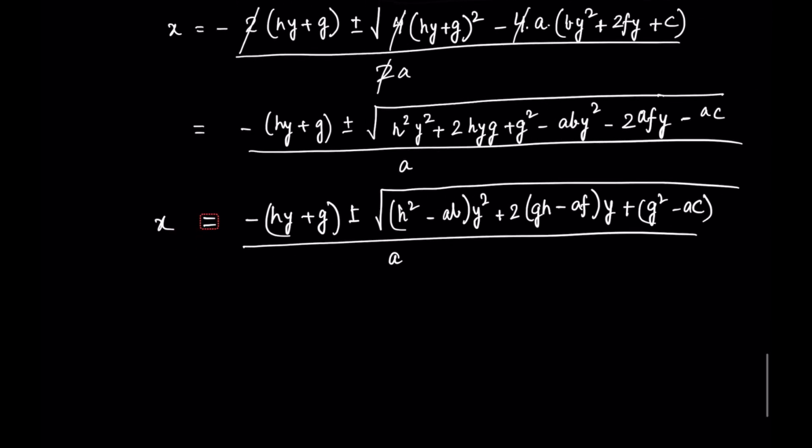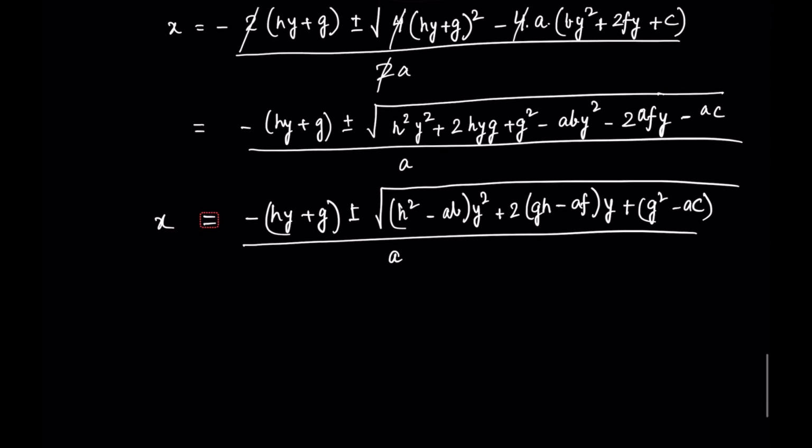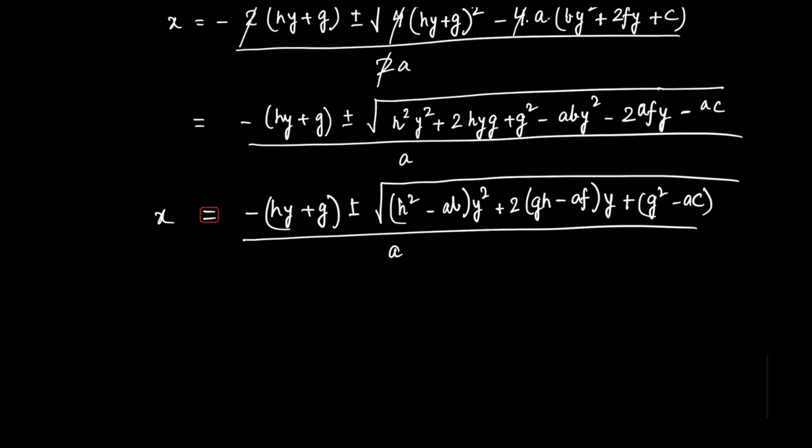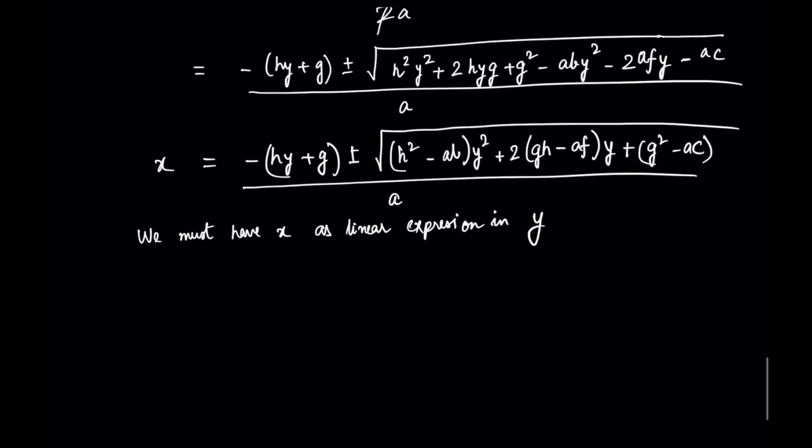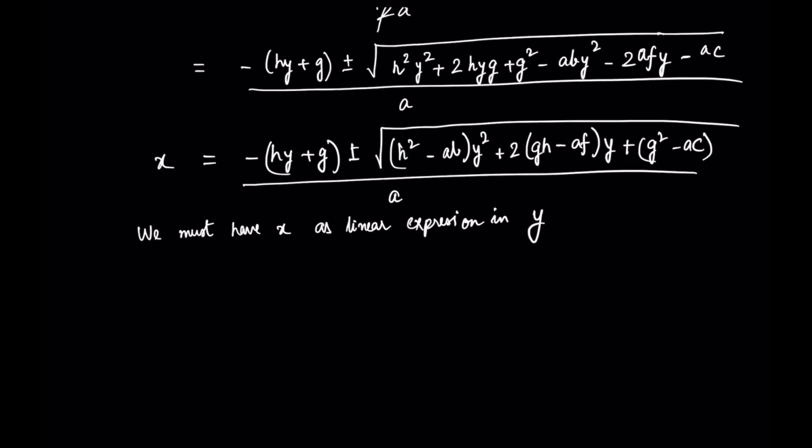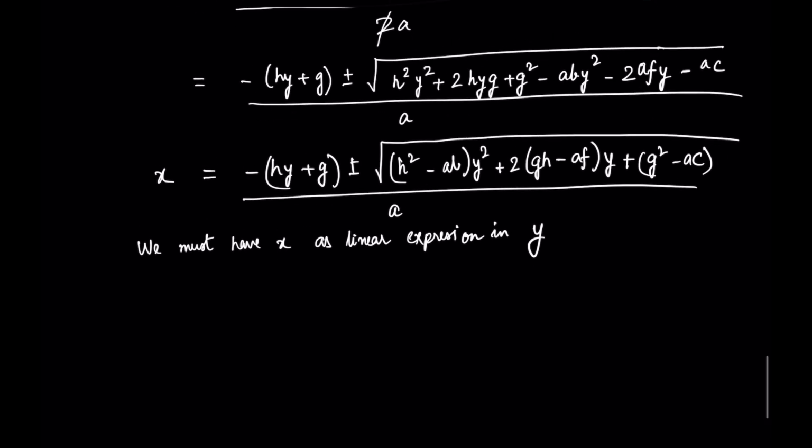So we must have x as a linear expression in y. Correct? This is clear, I think. For that, this entire thing, students, under the square root, should be a perfect square.